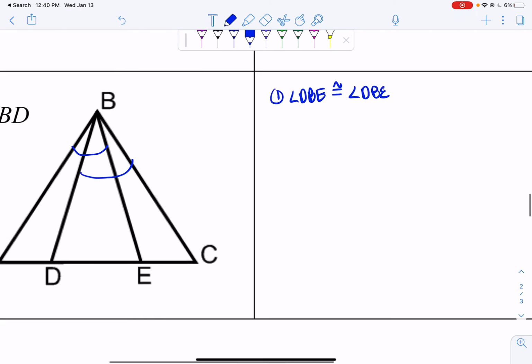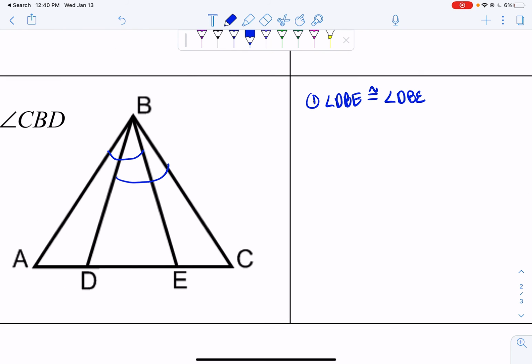Now I can do my subtraction, so I can do my whole minus my reflexive. So my whole would be angle ABE minus angle DBE, and that would give me this angle right here. So angle ABD.